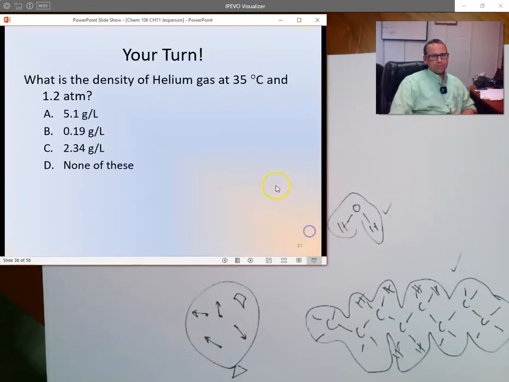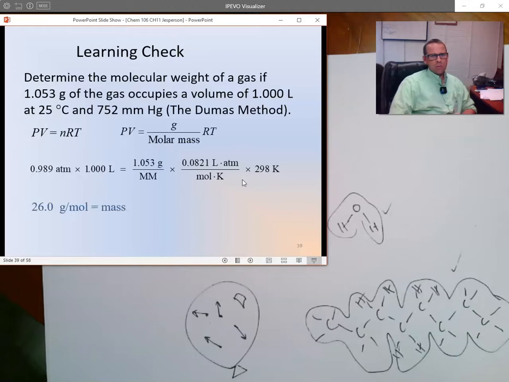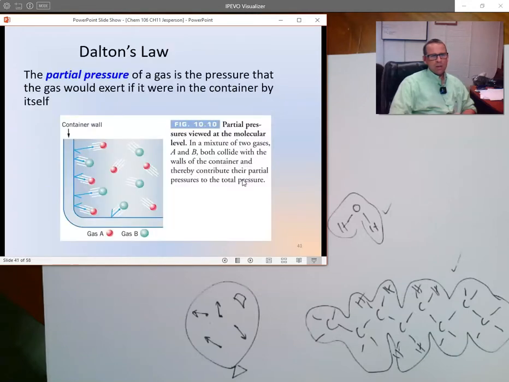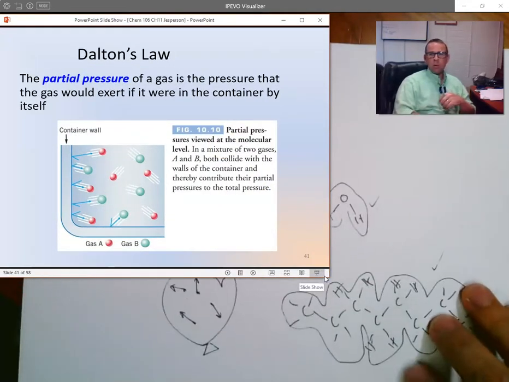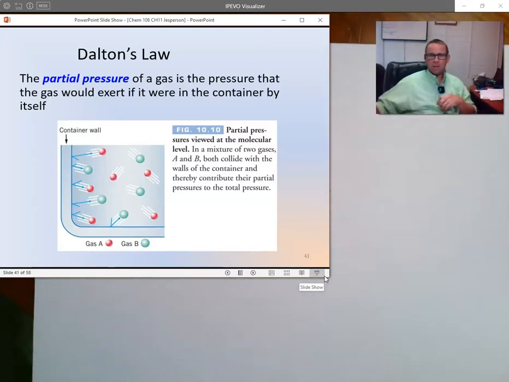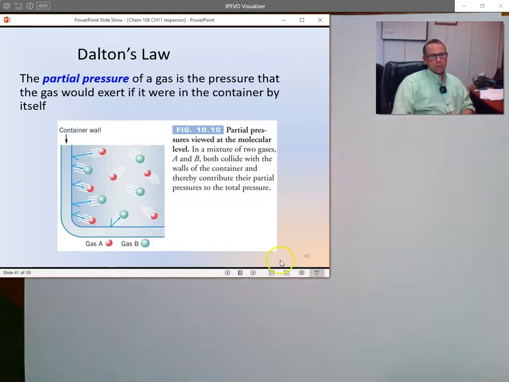Very good. Okay, so here are some other problems using PV=nRT, which I think we can practice on Friday a little bit more, specifically with some questions. We're going to talk about situations where we have more than one gas in a container or in the atmosphere we're looking at.